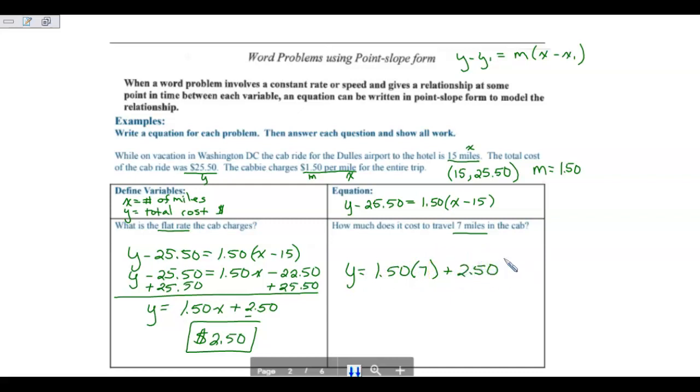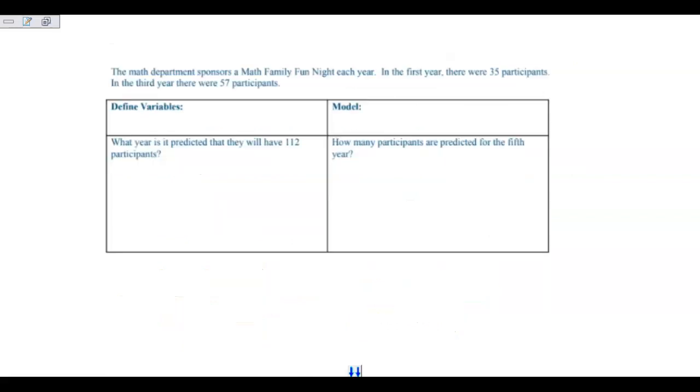And so if I put that in my calculator, I get 10.50 plus 2.50, and that gives me $13. So the cost for 7 miles in this cab is going to cost $13. All right, let's take a look at the next one.